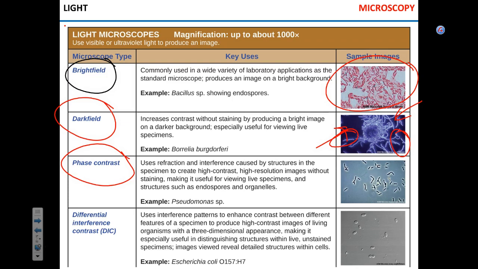A bunch of optical devices in the microscope use such phenomena as diffraction and interference to produce really high contrast, high resolution images, which can be used to observe live unstained specimens.